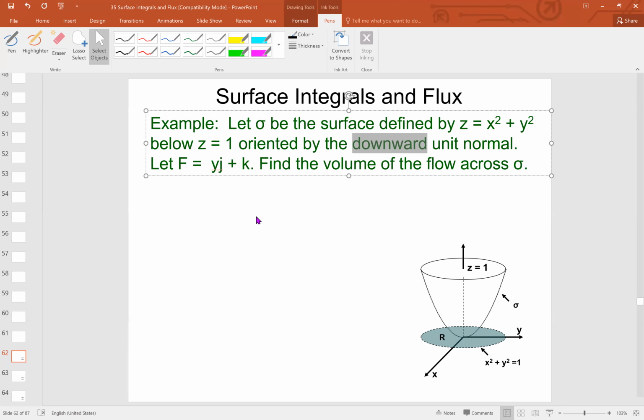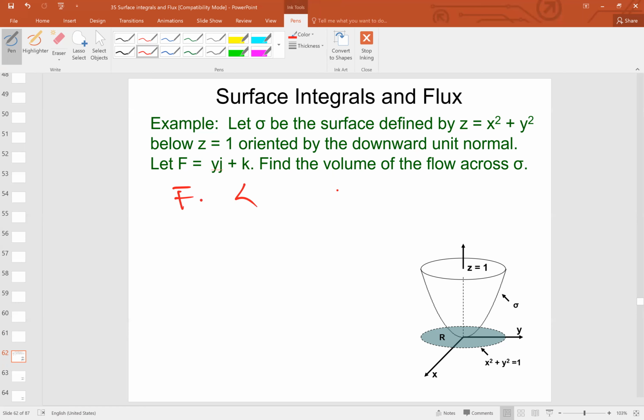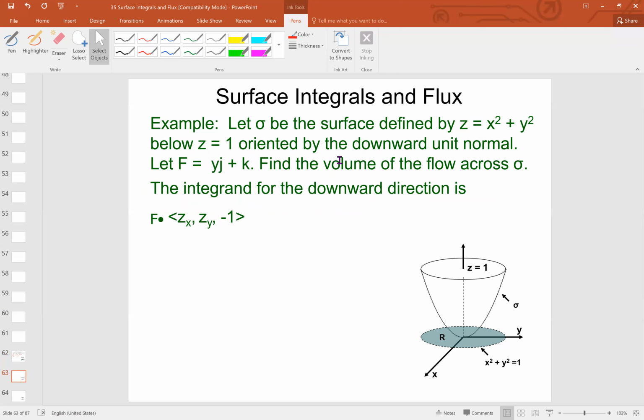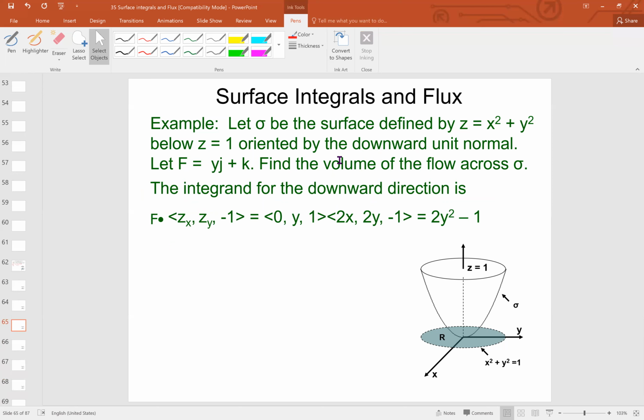So we want to calculate the integrand. What's the integrand? In this case, F dot the normal, and since it's going downwards, I want -1, zx, zy, and integrate over R. This is downward. And that's the integrand.